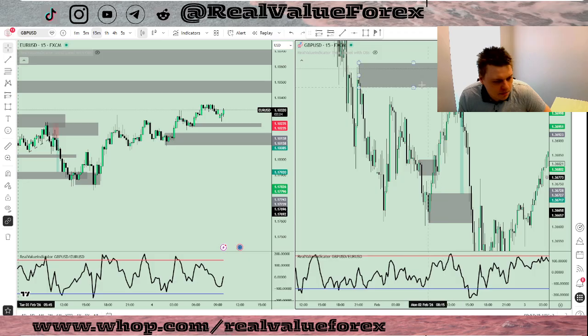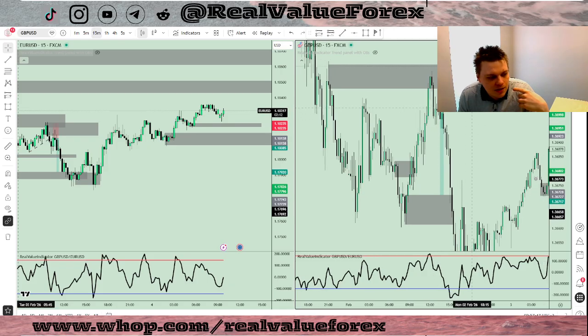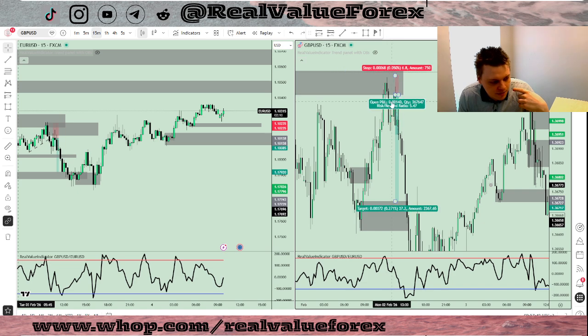But actually this Monday is maybe a good example. Also we hit the main order block. We didn't quite change direction, but now we created a new one. We tapped in here, we definitely changed momentum downwards. We created a new order block, we tapped in here, and we took off.